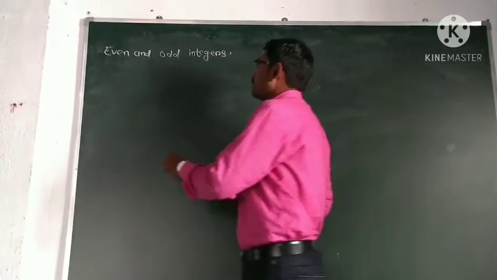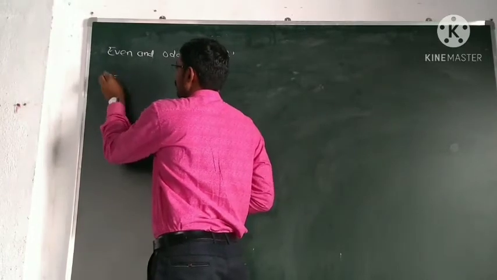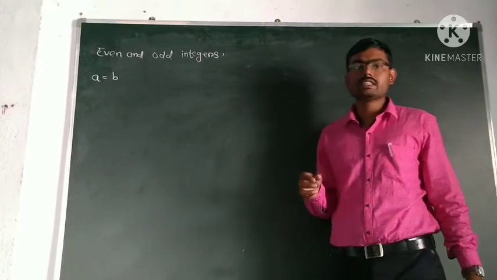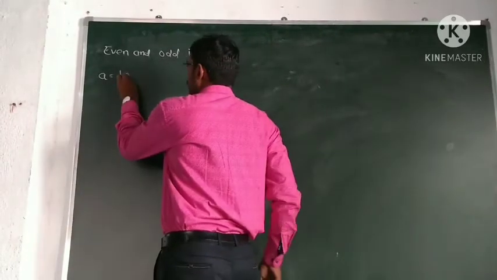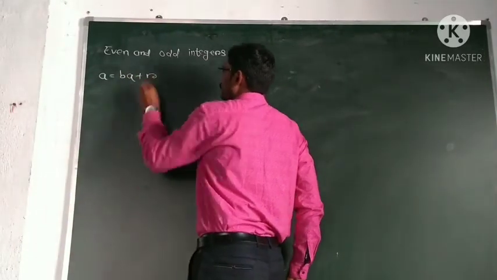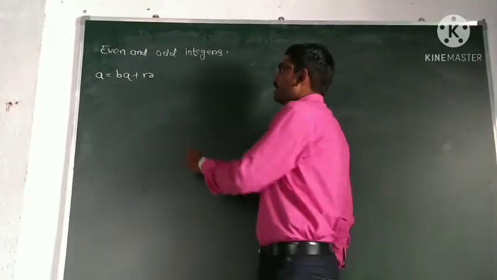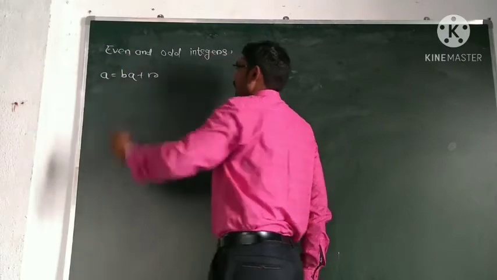We know the division algorithm. If there are integers a and b, so that b is positive, we can find unique q and r so that a is equal to bq plus r, and the remainder is always greater than or equal to 0 and less than b.